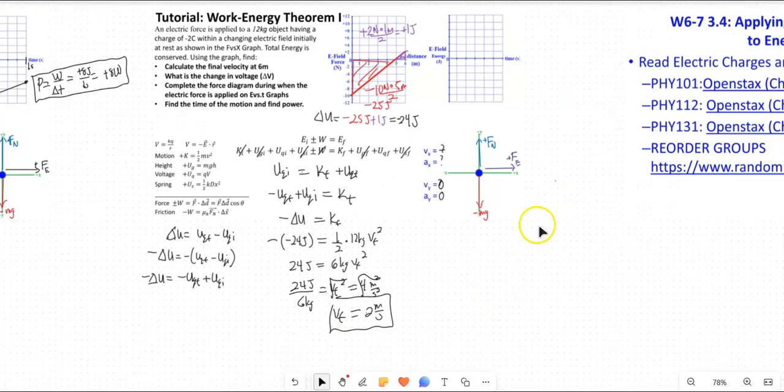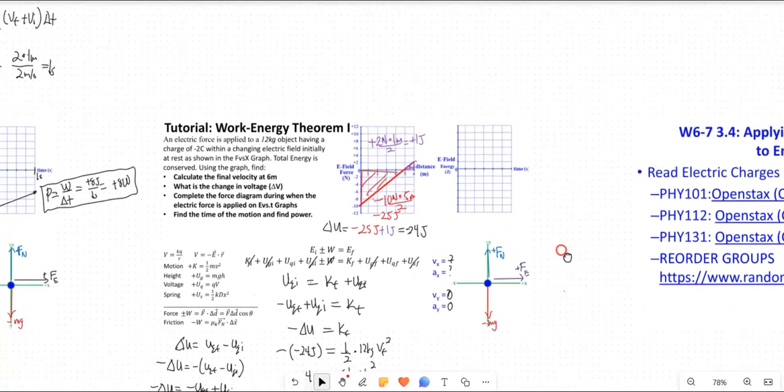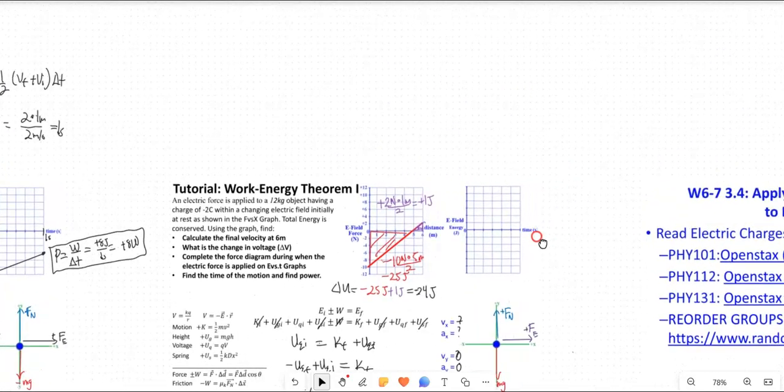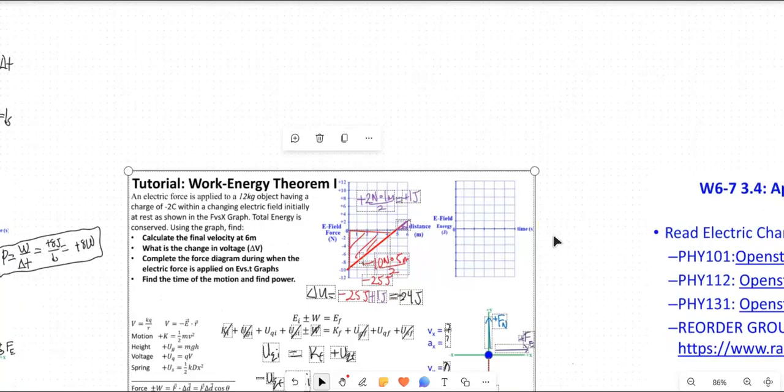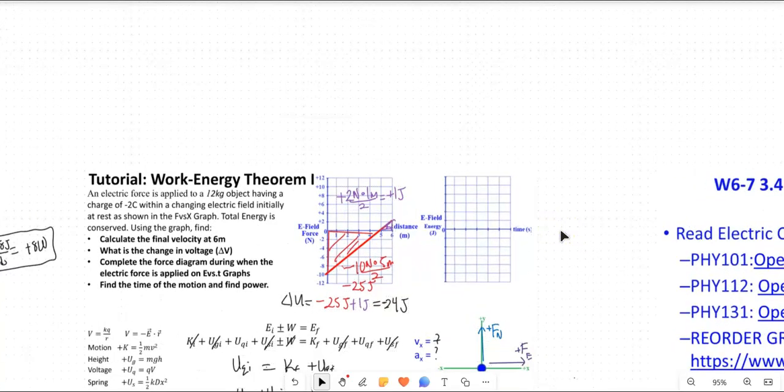Okay, well, let's move on and let's go ahead and plot the energy versus time. The problem here is we know the change in potential energy due to the charge, which I should put a little Q here, but we don't know the starting energy, so we have to pick one.